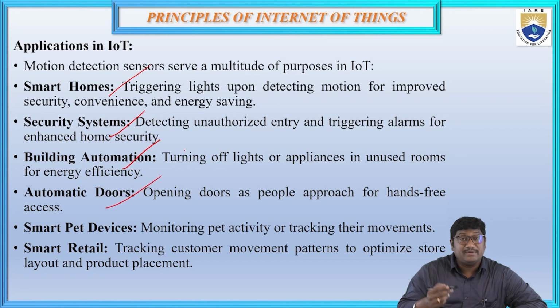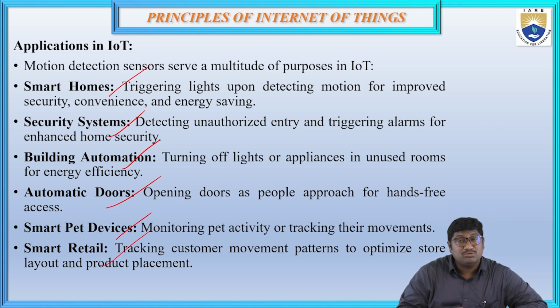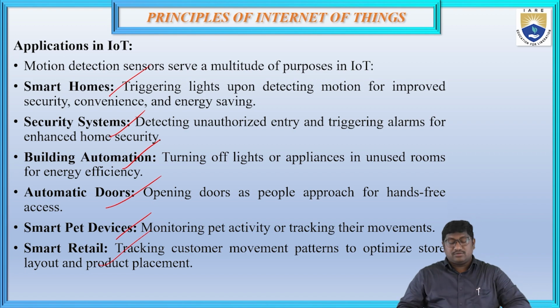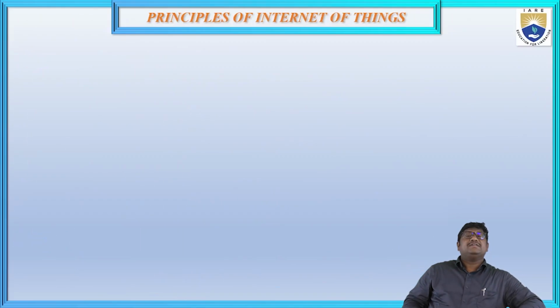Automatic doors, opening doors as people approach for hands-free access. Smart pet devices, you need to manage the pet activity or track their movements. Smart retail, tracking customers' movement patterns to optimize the store layout and also the product placement. These are the different kinds of applications which use motion detection sensors.